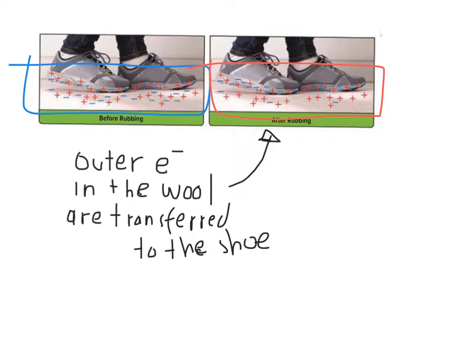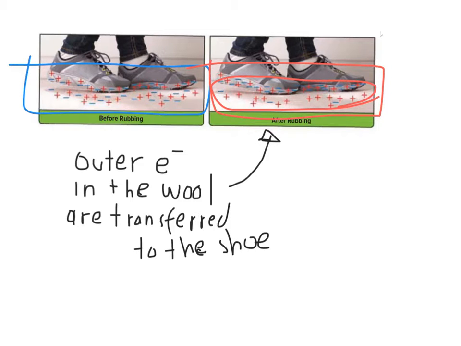The outer electrons in the wool are transferred into the sole of the shoe. So now you will have a negative charge mainly in the sole of the shoe, but you'll have positive charge in the wool rug right over here.